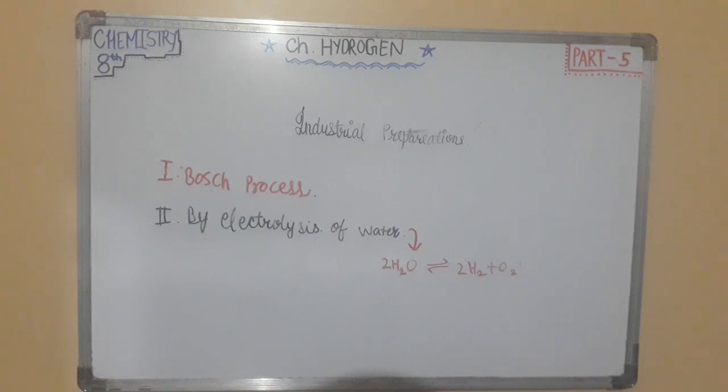The process of electrolysis is carried out in an apparatus called Hofmann's voltameter.